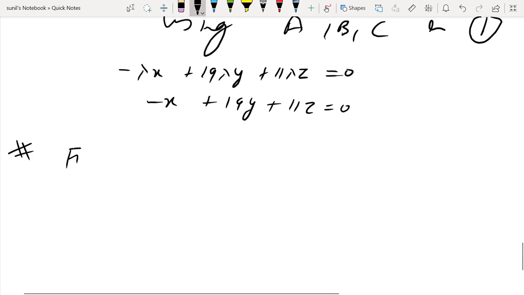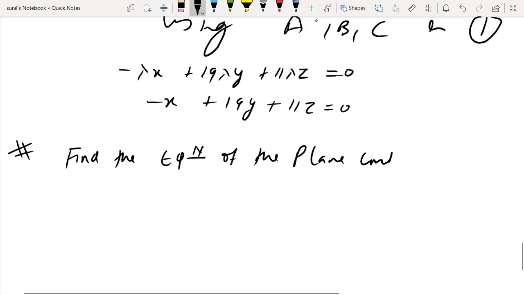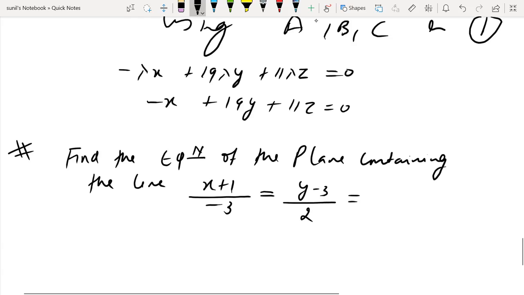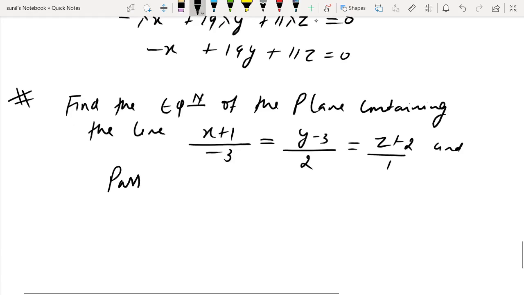The question is like this: find the equation of the plane containing the line (x plus 1) by minus 3 equals (y minus 3) by 2 equals (z plus 2) by 1, and passing through the point, namely 0, 7, minus 7.